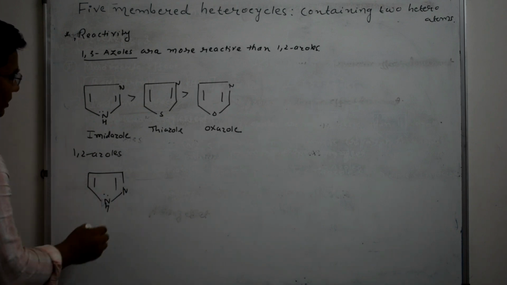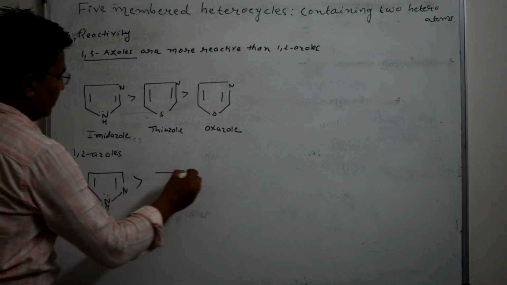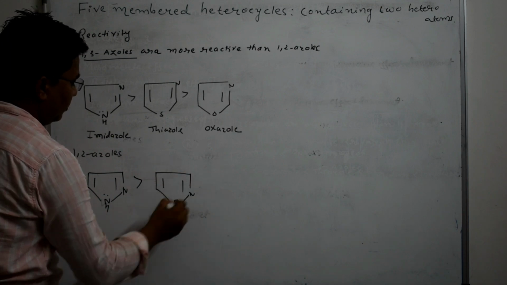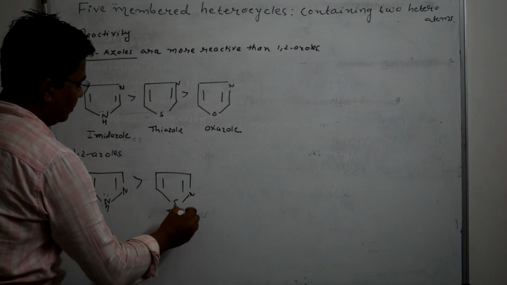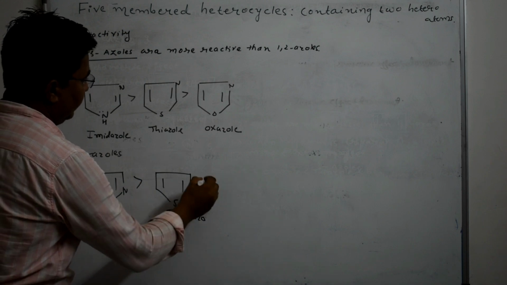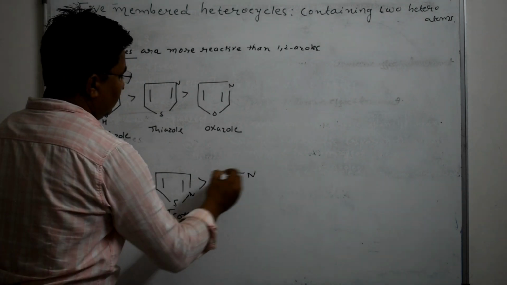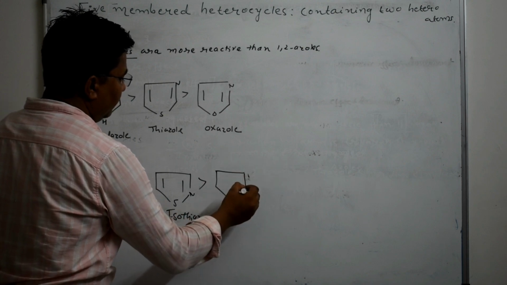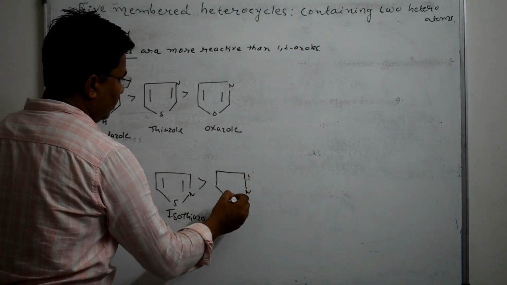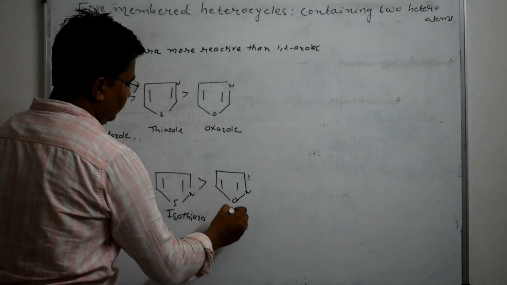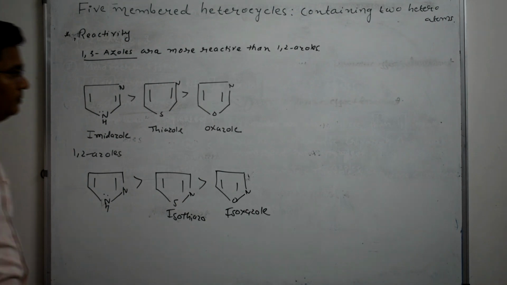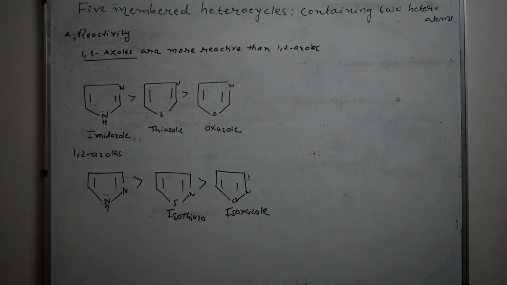So pyrazole comes first, then isothiazole, and the least reactive will be isoxazole. So this is all about the reactivity of 5-membered heterocycles.